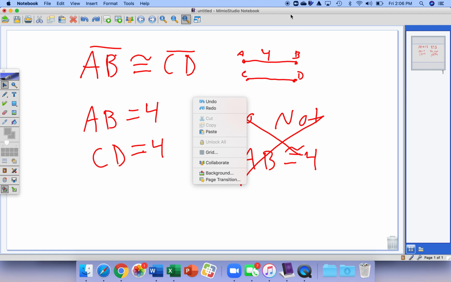the ruler postulate, the protractor postulate, and we have the reflexive property, the transitive property. These are all very important terms that we're going to need.